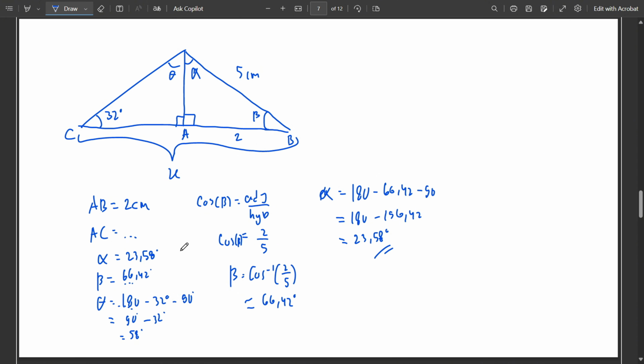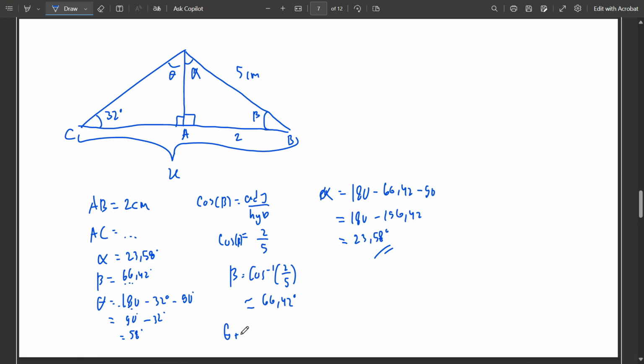And as you can see here, that's 32 plus beta plus our theta plus alpha.